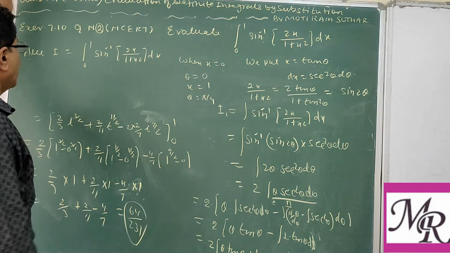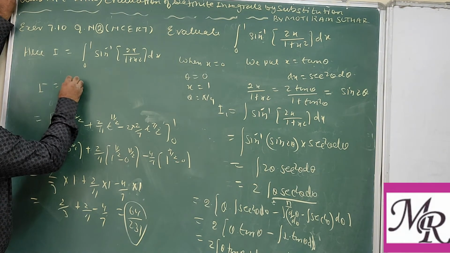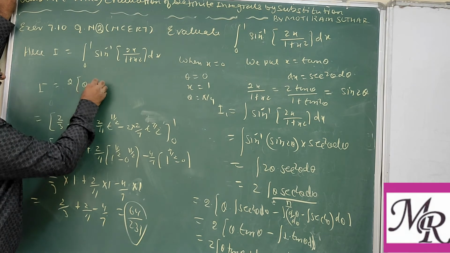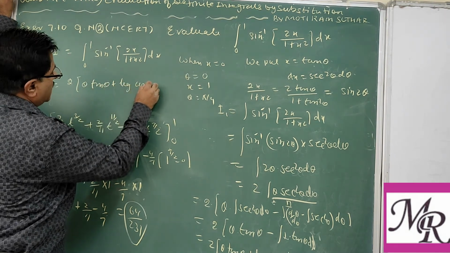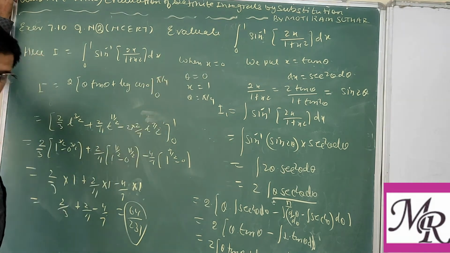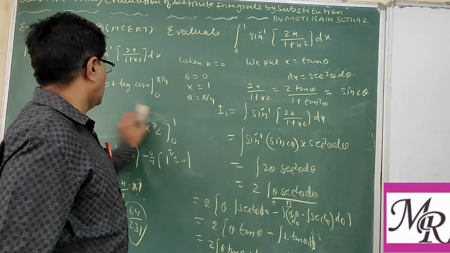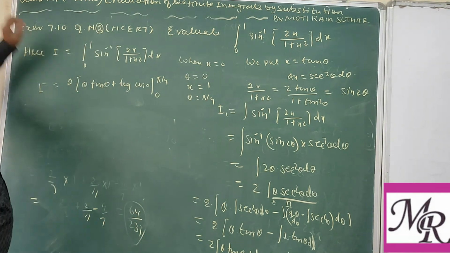So finally you get this integral I equal to 2 into theta tan theta plus log of cos theta, with limits 0 to pi by 4. Now this value we put in the last step and we get the answer.